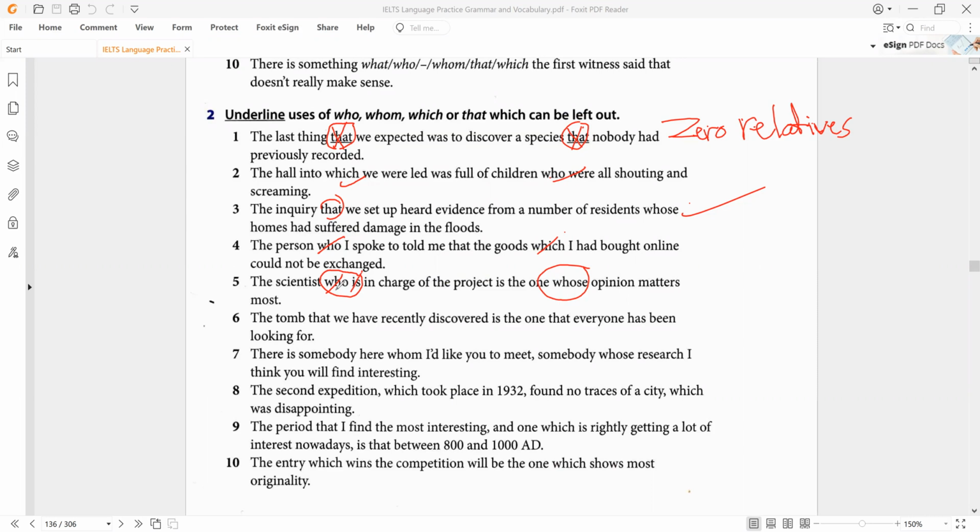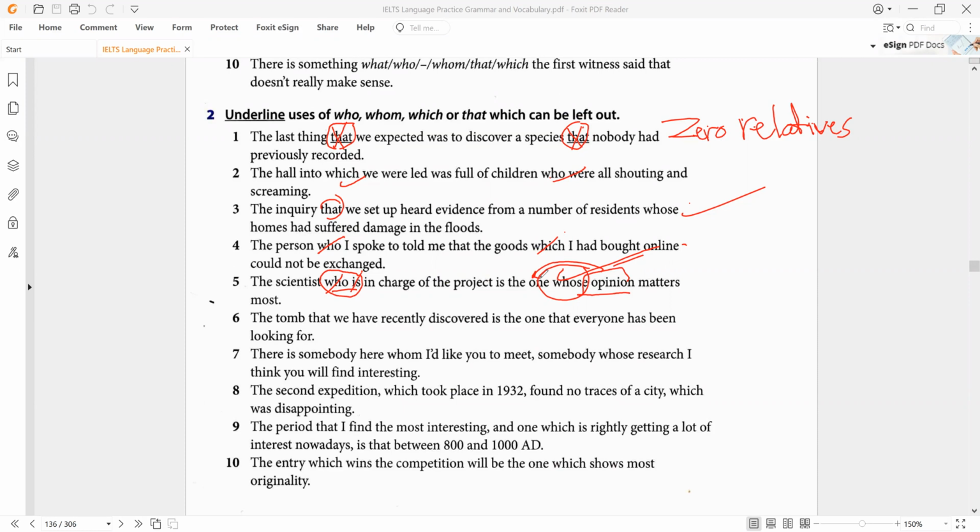Here it's the same thing, who is removed. In charge is the one whose opinion matters. So here we need whose. Whose is important, because the opinion here must be related to the one. Whose opinion matters.